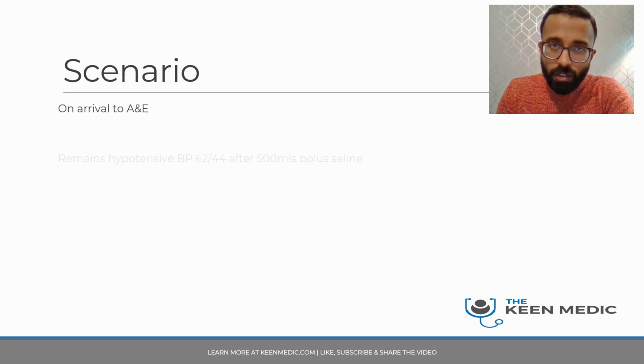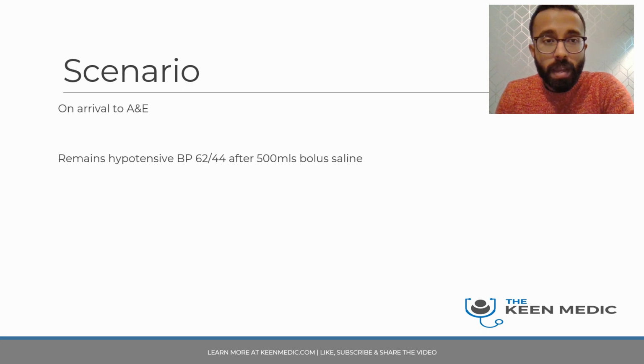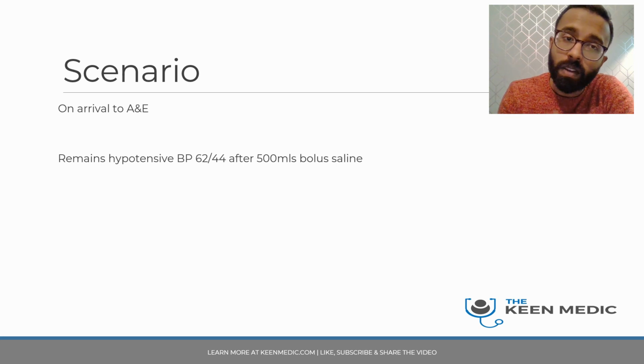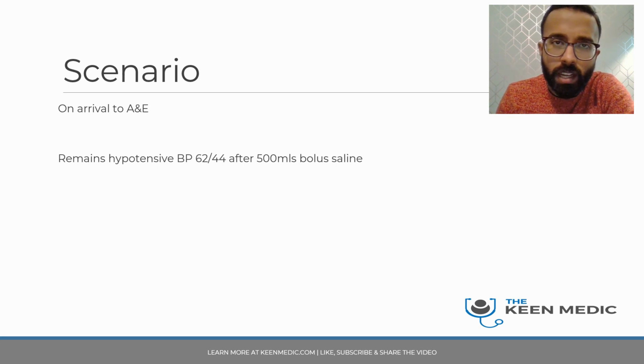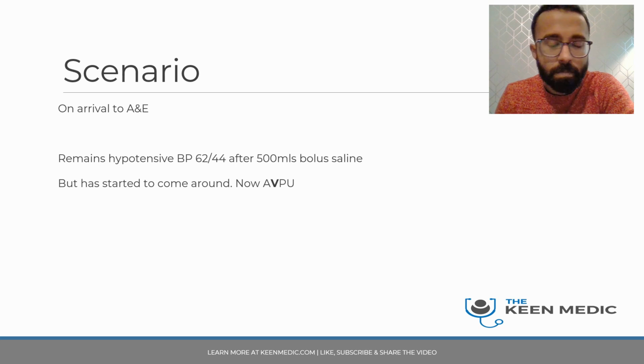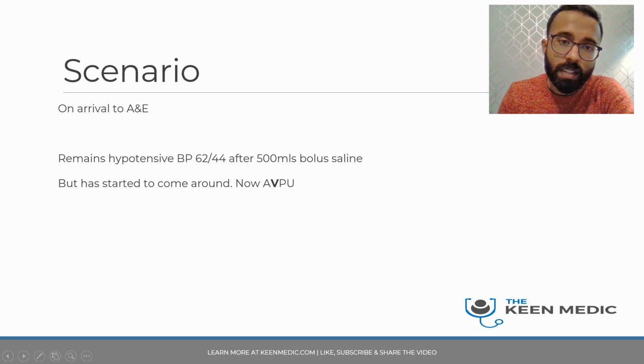On arrival to A&E, this is what happens. He remains hypotensive. Blood pressure is 62/44 after 500 mils of IV saline that the ambulance crew gave him. So nothing has really changed. That's worrying, isn't it? But now he's started to come round, and on the consciousness scale he's now responding to voice.